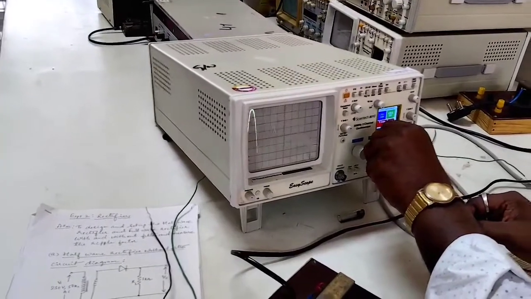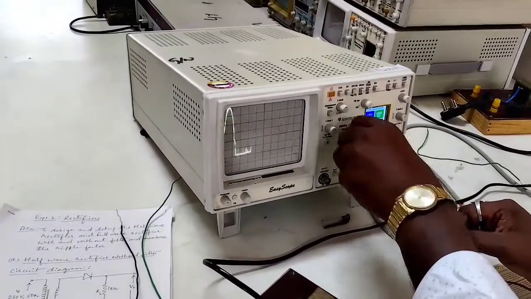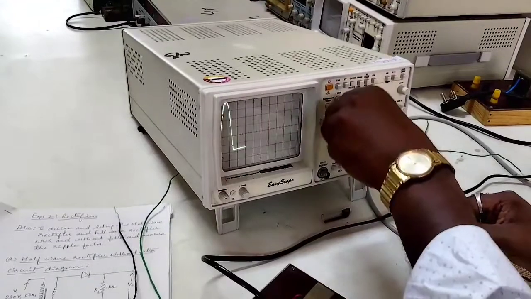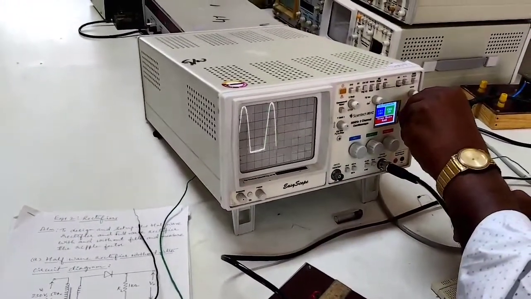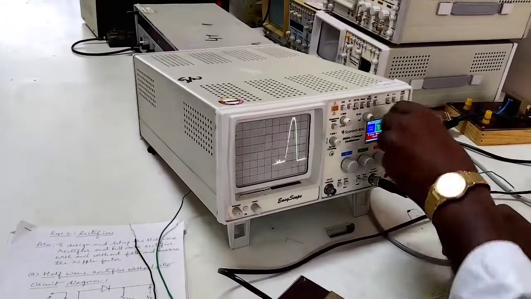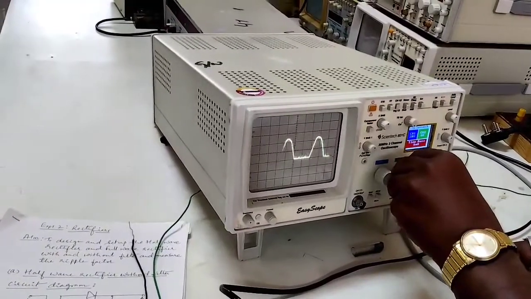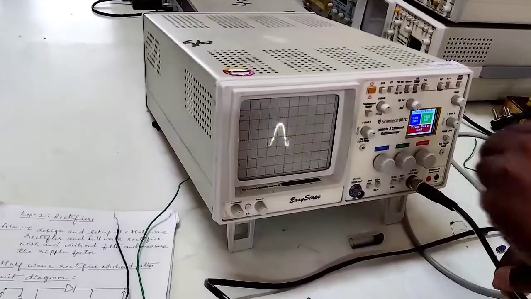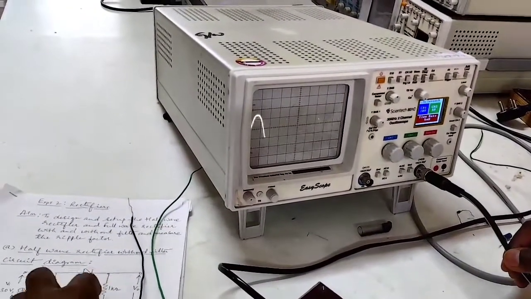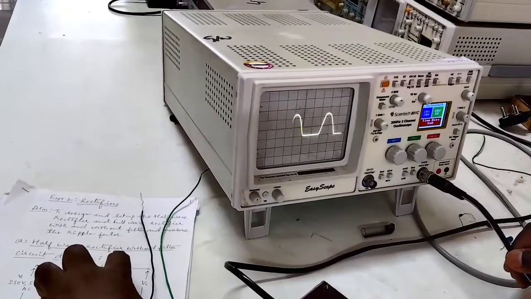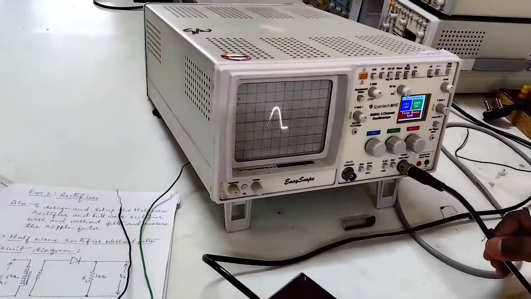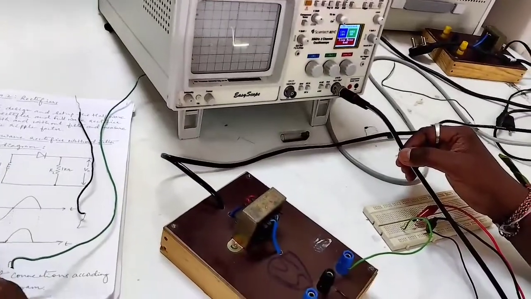See, this is your output voltage. The half wave rectifier output voltage you are getting like this, right? I am putting the CRO probe across the cathode and this terminal. You get the half wave rectifier output voltage as shown here.